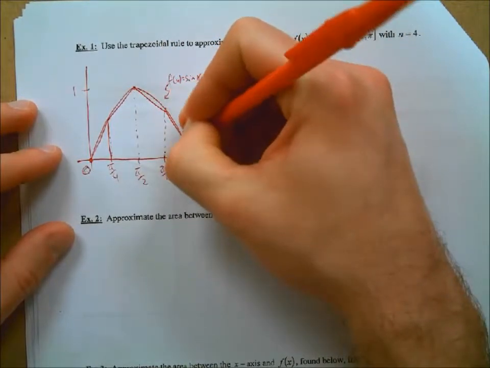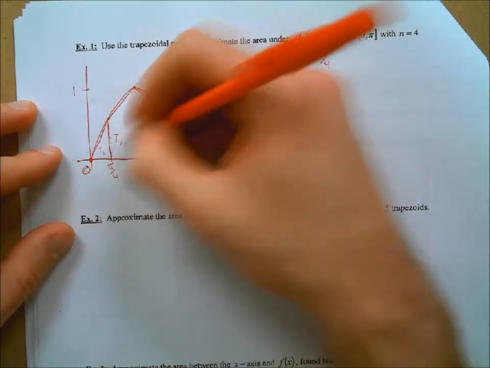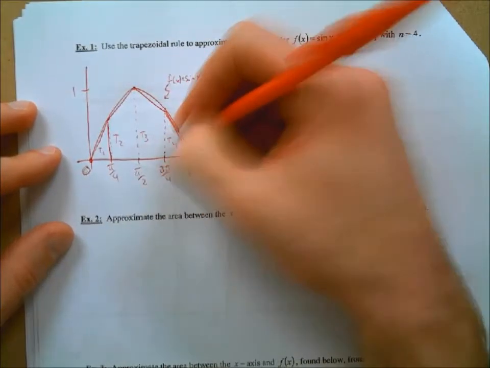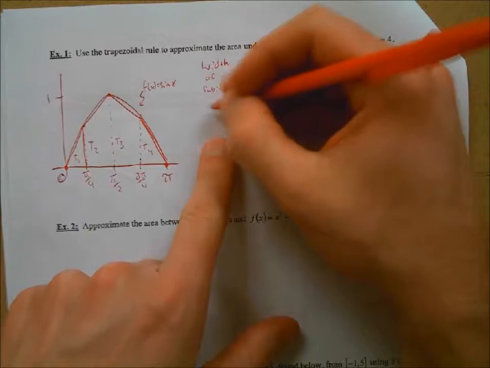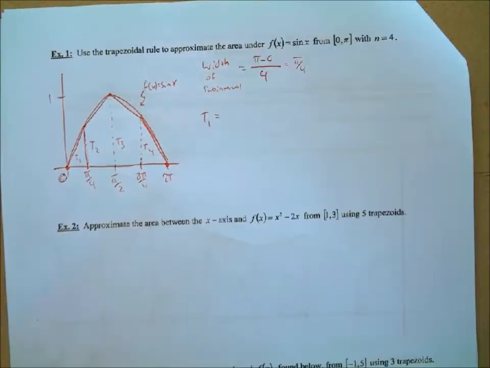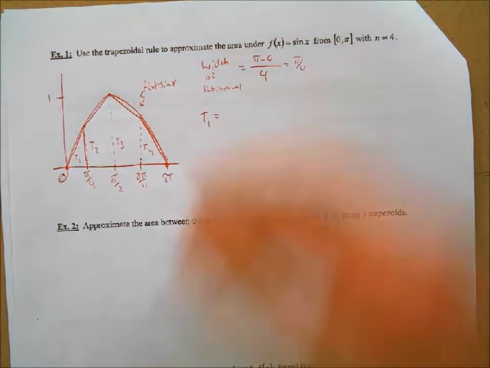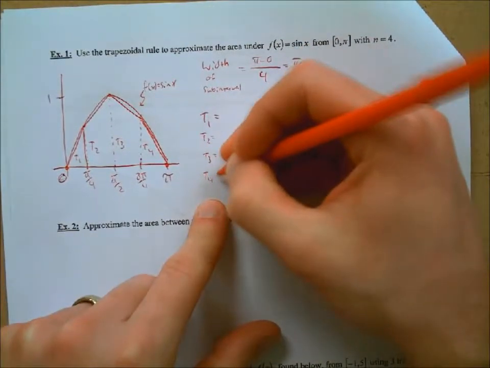And again, it's more of a triangle than it is a trapezoid. Okay, so T1, T2, T3, T4. So we'll go ahead and start finding the areas of these trapezoids, right? So T1, T2, T3, T4.